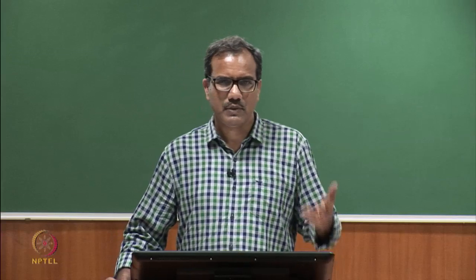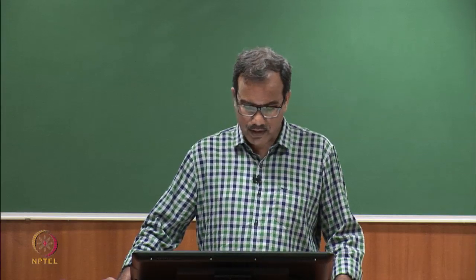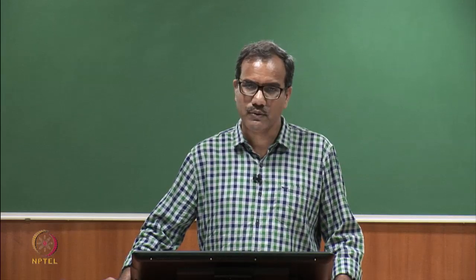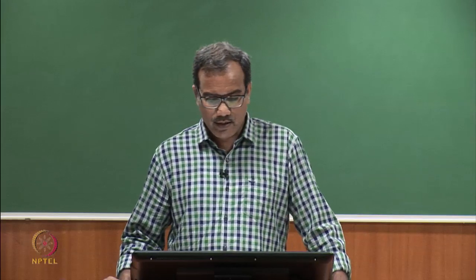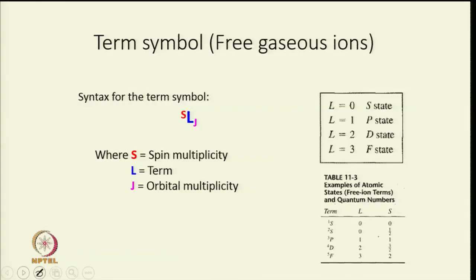This is simple, which you must have studied in the 12th class, so I am not going to discuss it. I have already discussed that the term symbol for any ion or atom can be written as (2S+1)L_J, where L is the term, J is the spin orbit coupling and 2S+1 is the spin multiplicity.